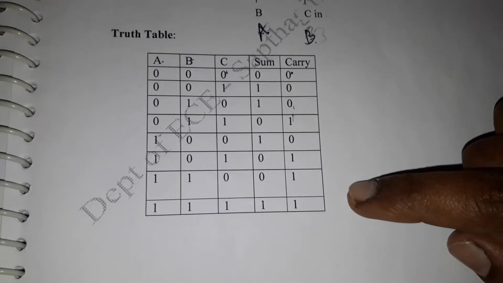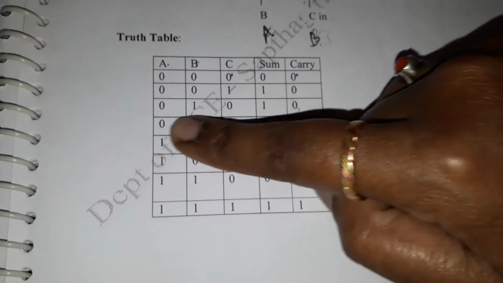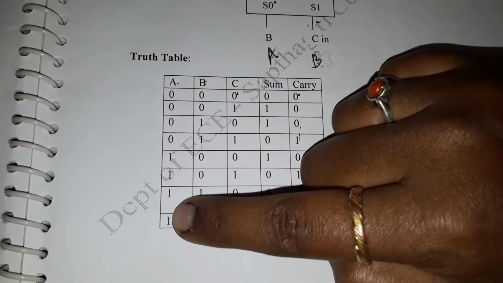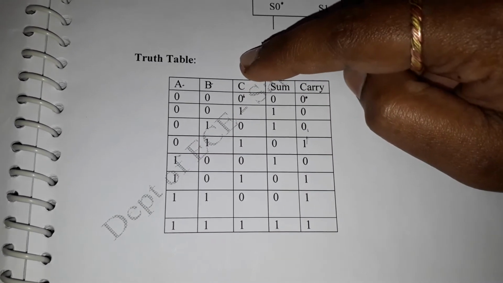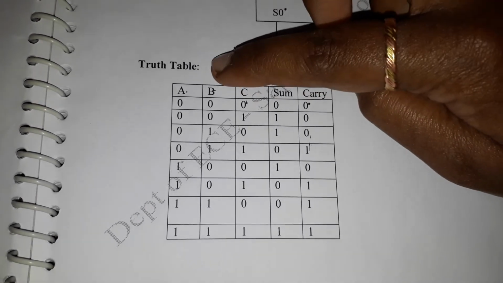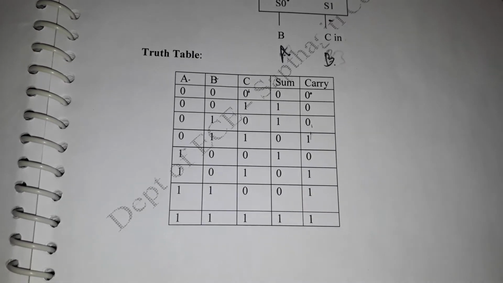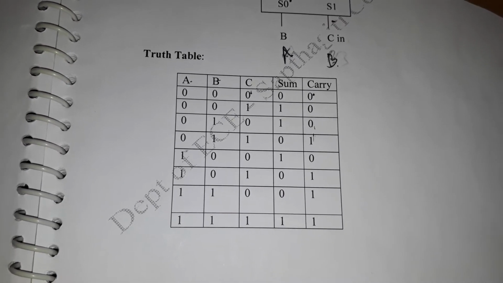Next coming to the full adder. Here this is the truth table of the full adder. Here we will take A as the single input and we will consider B, C as two select lines, S0 and S1. Okay, so we will analyze this truth table using the 74153 IC.